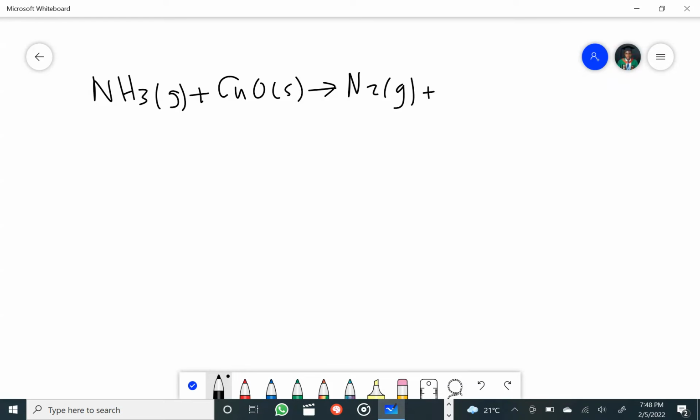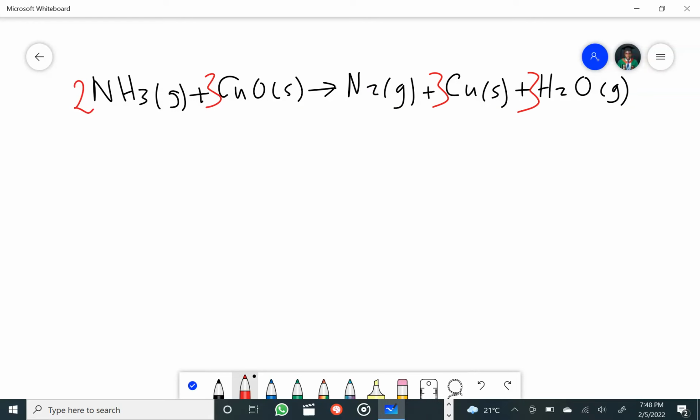So put the state symbols, and before you start solving, check the equation. This is a mistake that most people make. Is your equation balanced? Looking at this equation, it's not balanced. But since we already went through the topic of balancing, I'll just balance this equation quickly. For balancing, you can just go through the video.